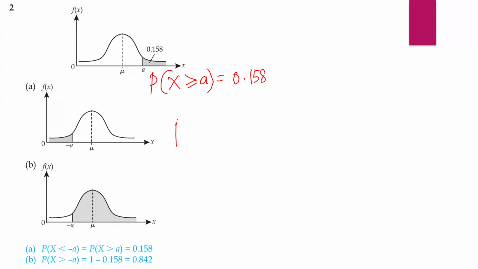Okay, so greater actually is the same. This is negative A, but the value is X less than or equal to negative A. So the value is the same because this is a normal distribution. So the value on the left-hand side and the right-hand side is equal because this is symmetric.